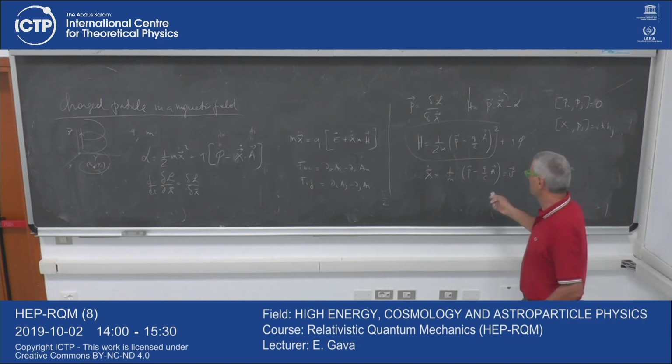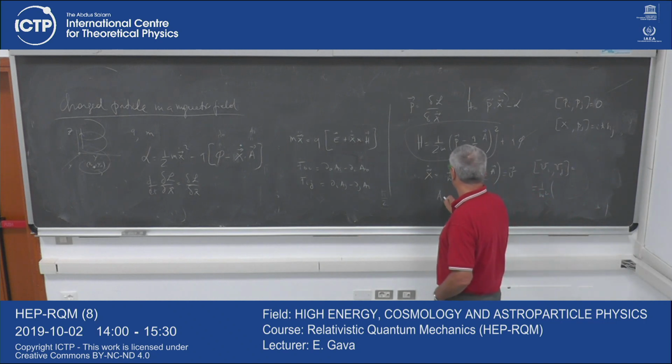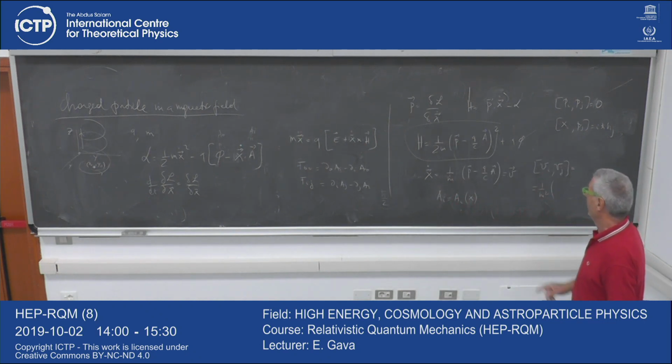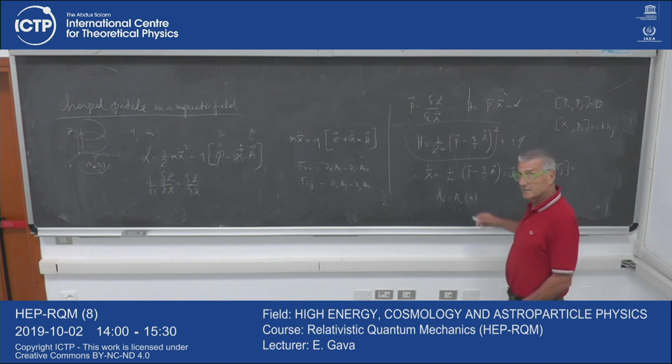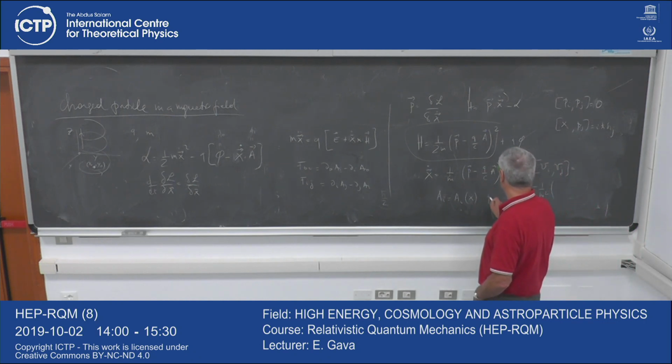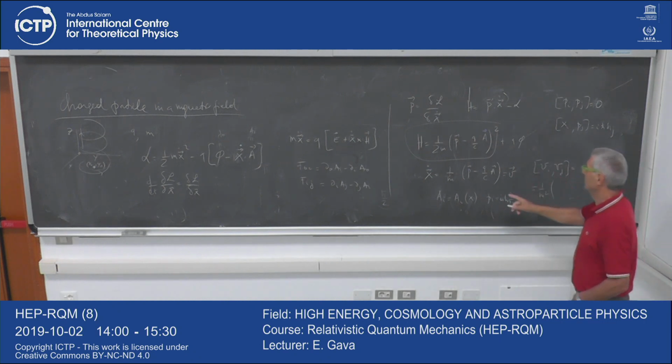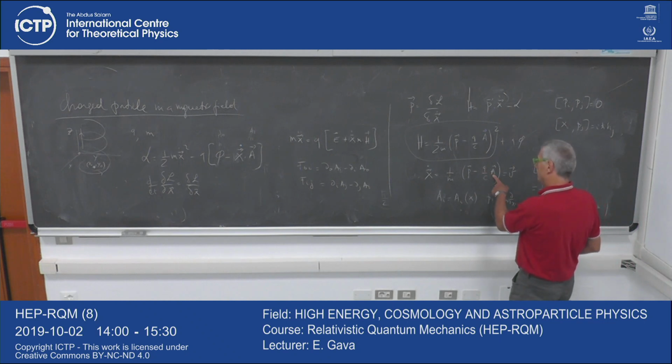The A's are functions of x's, and these are derivatives with respect to x's. p_i is i h bar d/dx_i, so clearly when you do this commutator, this acts here.